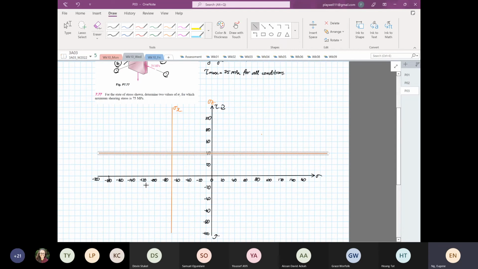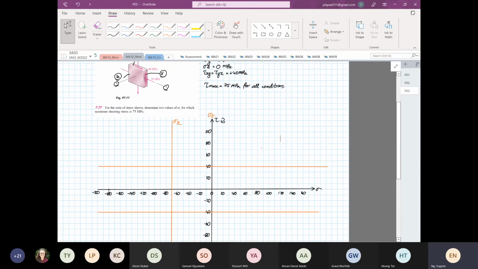Have another negative 40. Okay, so this is still easier than writing those equations, right? So we are aware that the element will rotate at point X, the element will rotate anti-clockwise.